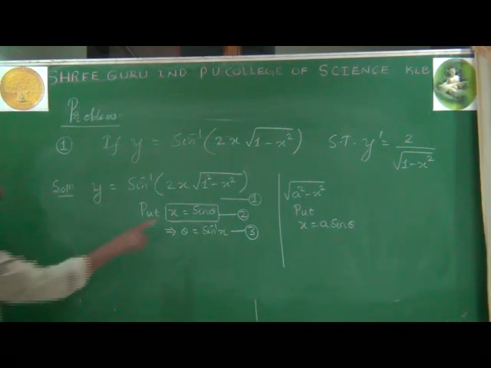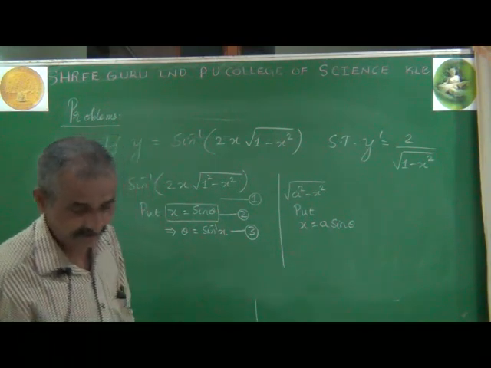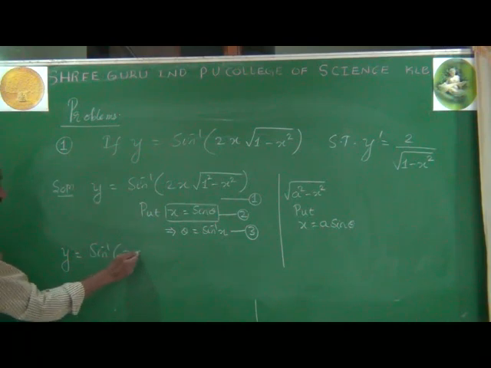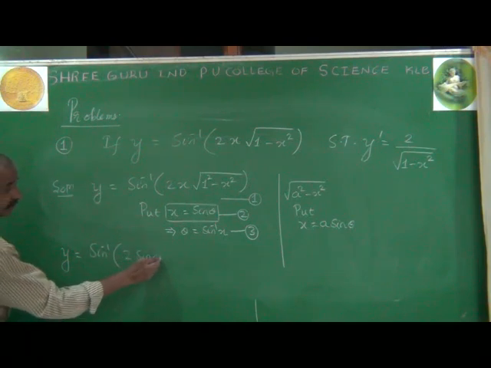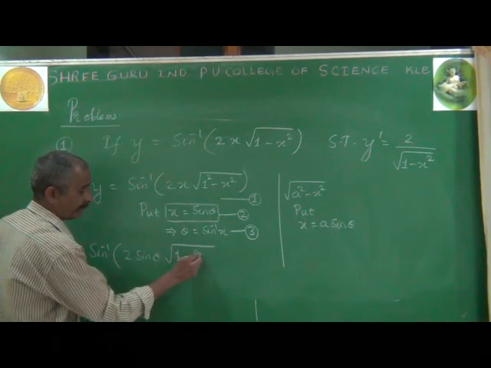Let's use 2 in 1. Y becomes y equals sin inverse of 2 into sin theta into square root of 1 minus sin square theta.